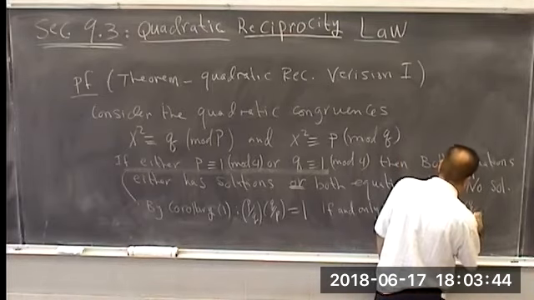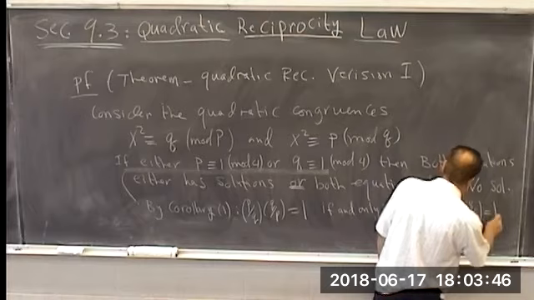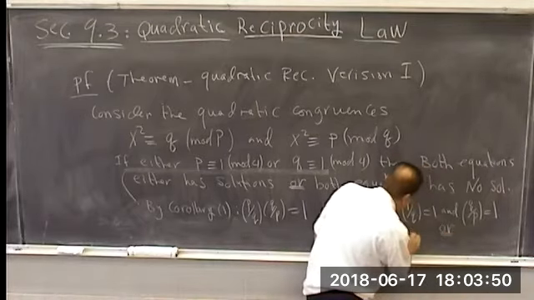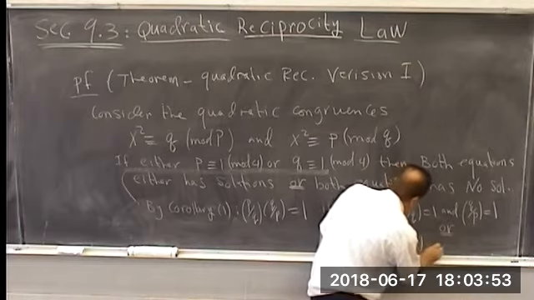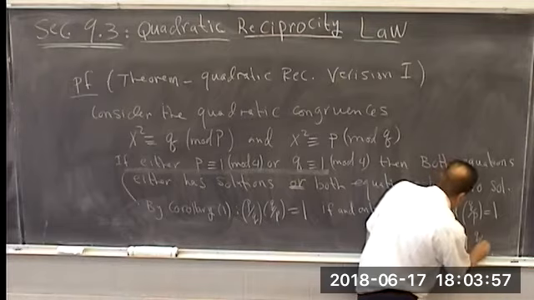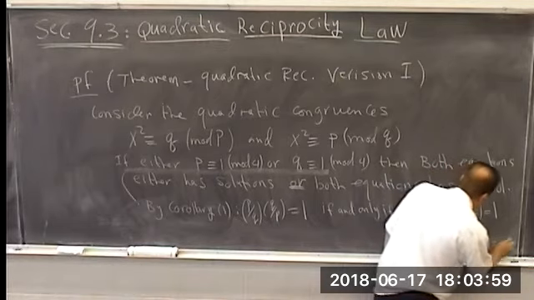To multiply two integers to come up with a positive 1, either (P over Q) is equal to 1 and (Q over P) is equal to 1, or (P over Q) is equal to negative 1 and (Q over P) is negative 1.